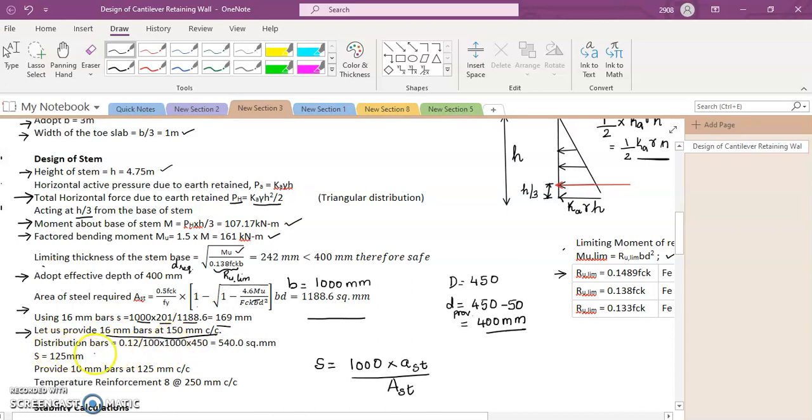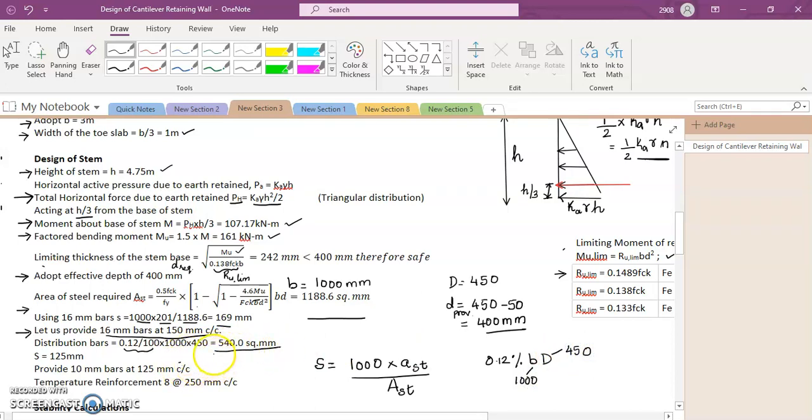Next, we need to provide the distribution bars, and the distribution bars are provided at 0.12% of B into D. B we know is 1000 mm and D is 450 mm. So we get 540 square mm.